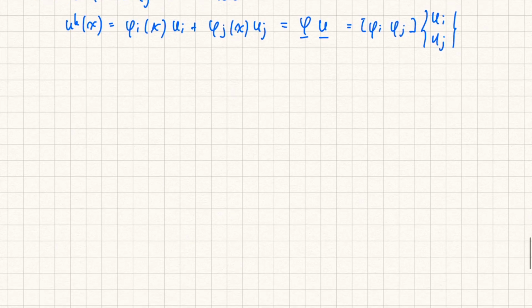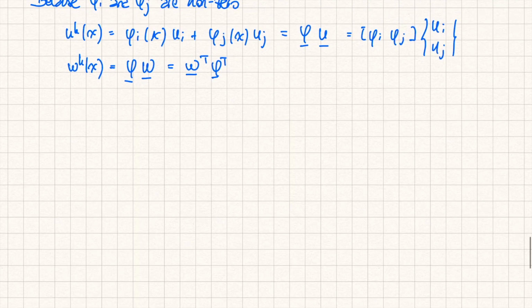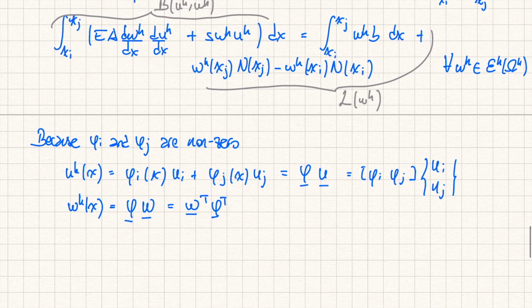And so we have the same for our test function. So now I have w^h is going to be equal to phi multiplied by w in matrix form, which is actually a scalar, and so it's the same as writing that as w transpose phi transpose. Okay? So whenever we plug these two, right?